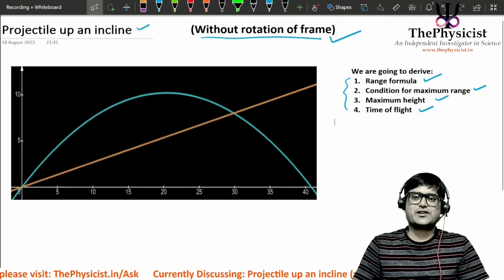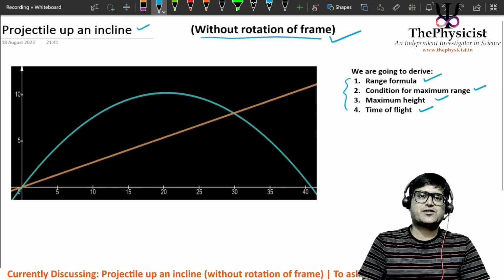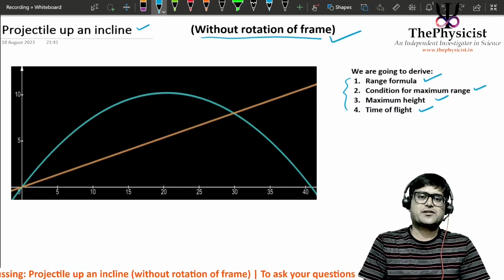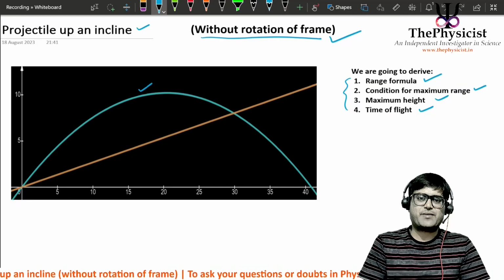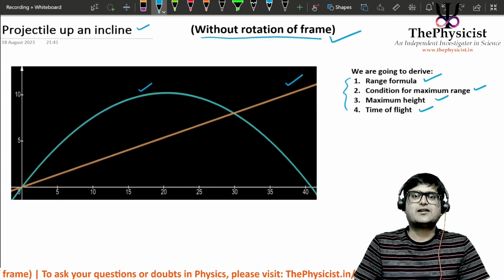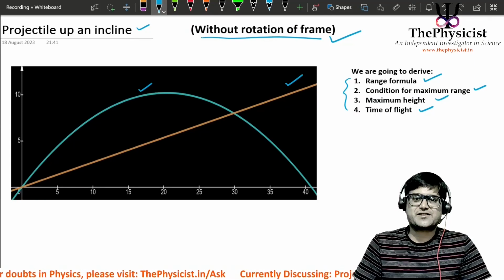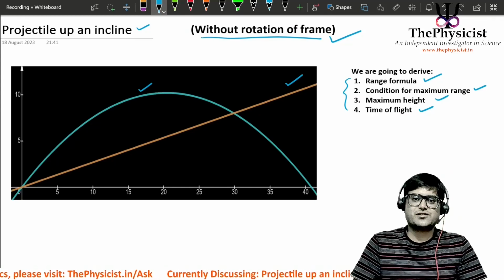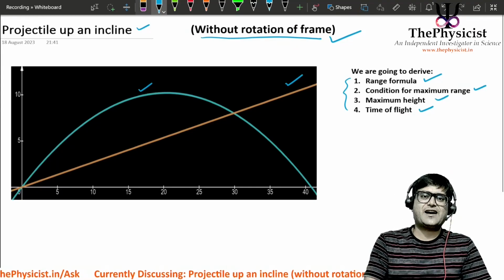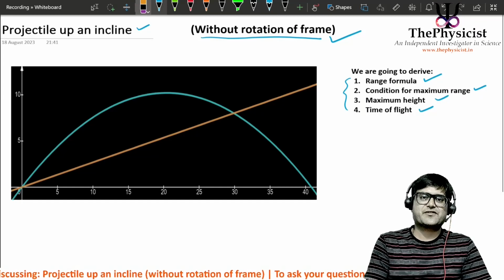What we first need to do is find the trajectory formula for the parabolic path, and we know that the incline would be represented by just a straight line passing through the origin. So first of all, let's define certain specifications here.